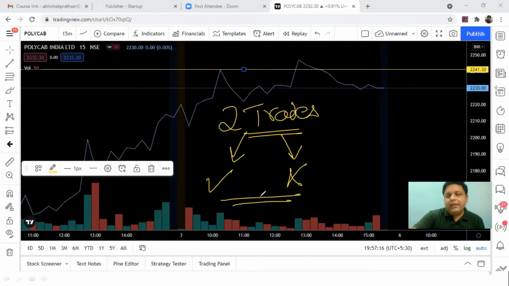Guys, tell me, was my setup more or less the same or not? My setup was the same.